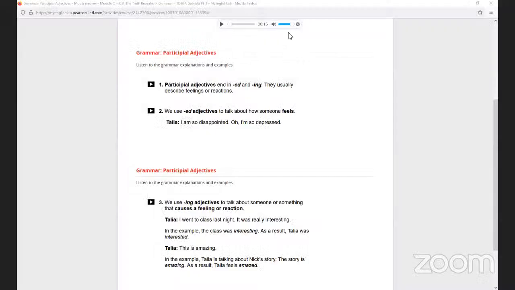So in this grammar, we have to see the participial adjectives.